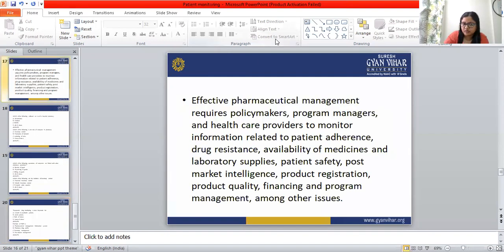An effective pharmaceutical management information system requires policymakers, program managers and healthcare providers to monitor information related to patient adherence.